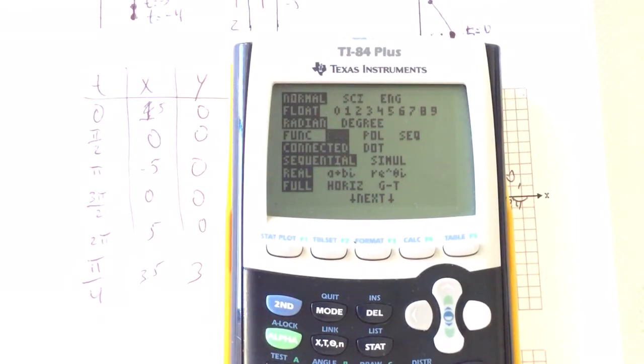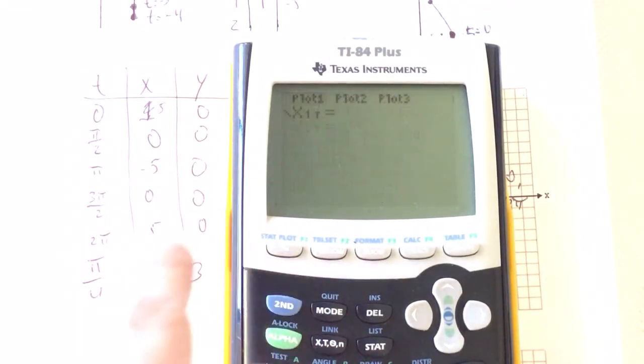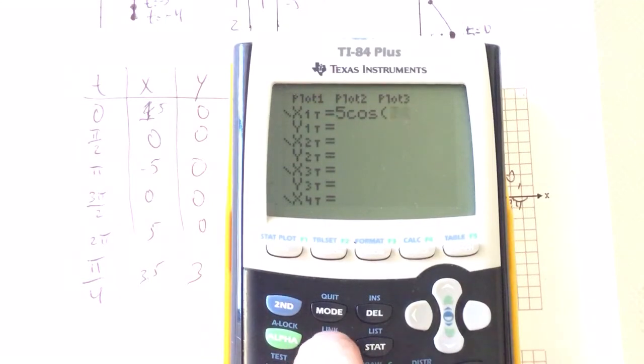And now go back to y equals. Oh, it's different. We are graphing in a different mode. We are graphing in parametric mode. We have one equation that gives us our x of t. Now, it was 5 cosine t.